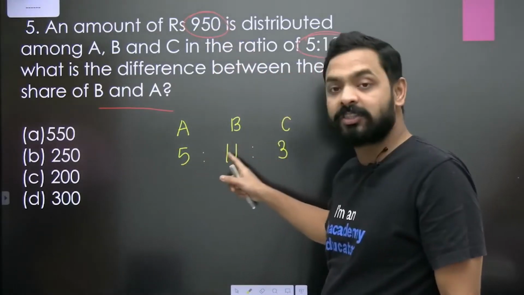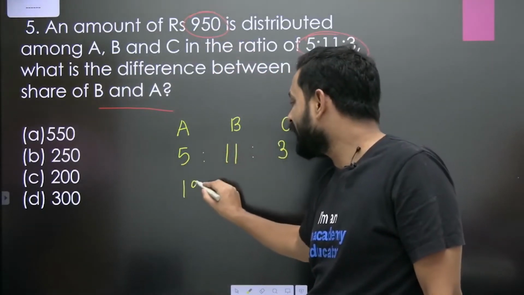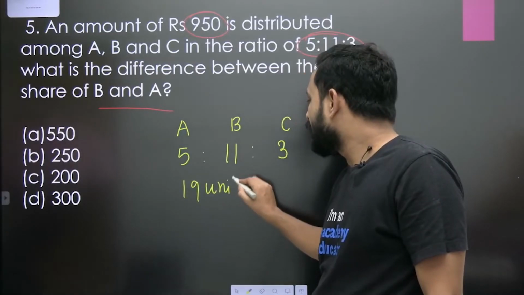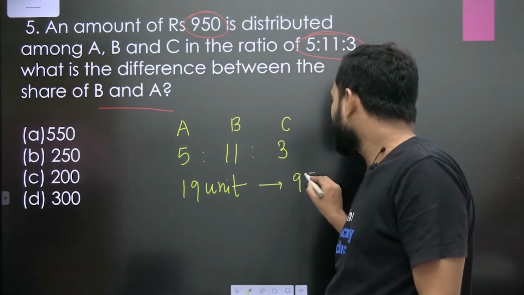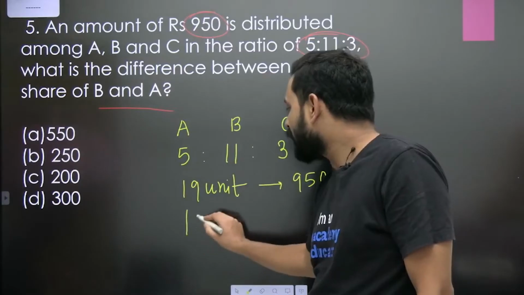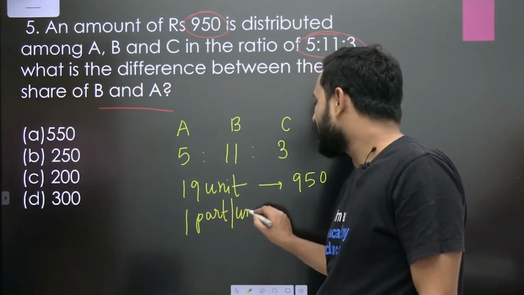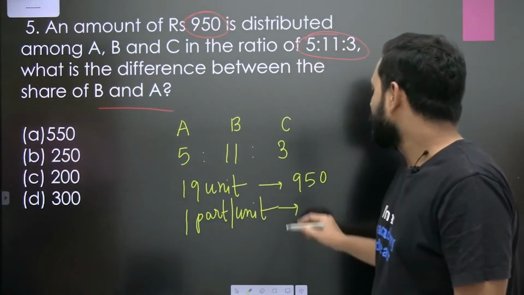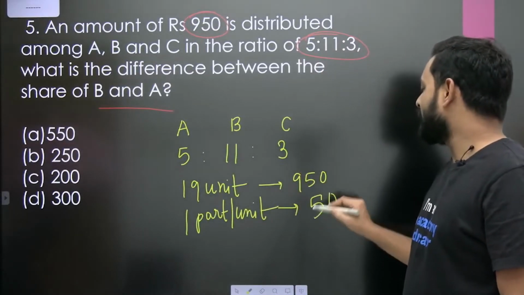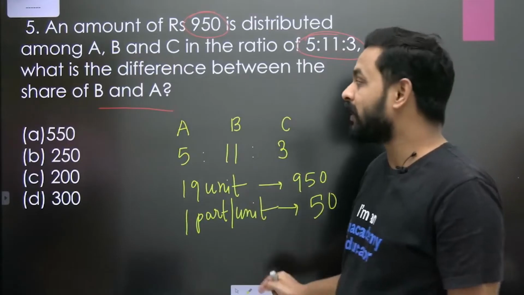That means 5 plus 11 is 16 plus 3, 19 units. Can we say 19 units is equivalent to 950? So can you find out 1 part, or 1 unit, whatever comforts you. One part will be 950 by 19, that is 50.